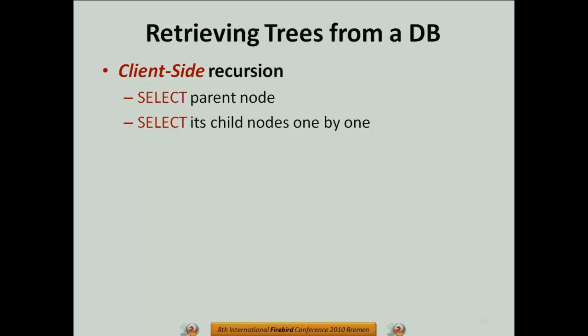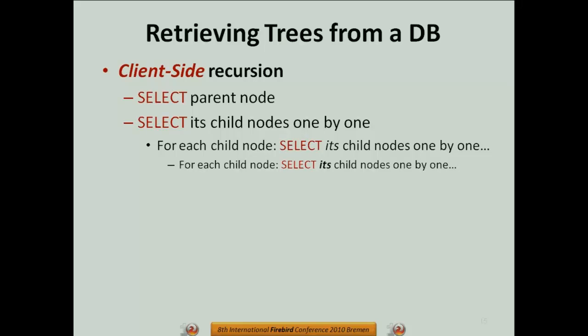Server gives you back all the children, and on the client side, you loop through all children, and for every child node that you find, you do another select, selecting its children. And so you do the recursion really on the client side. And so this can go as many levels down as your tree is high.